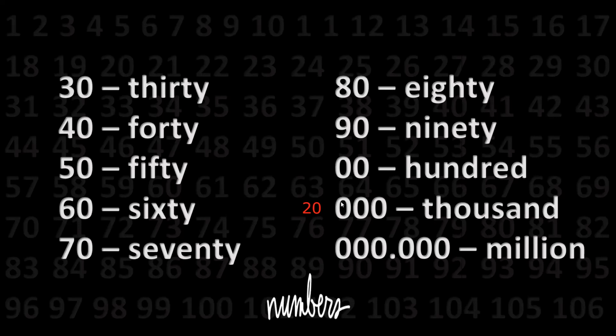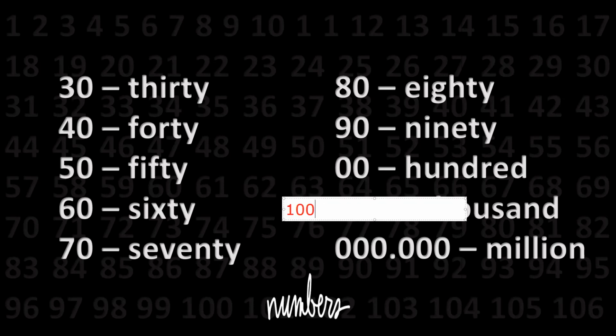Because here we have 3 zeros. Okay, now let's see the millions. Of course, this number here can go to 50,000. You can say 30,000, 40,000, 50,000, 60,000, 70,000, 80,000, 90,000, 100,000. Yes, you can have 100,000.